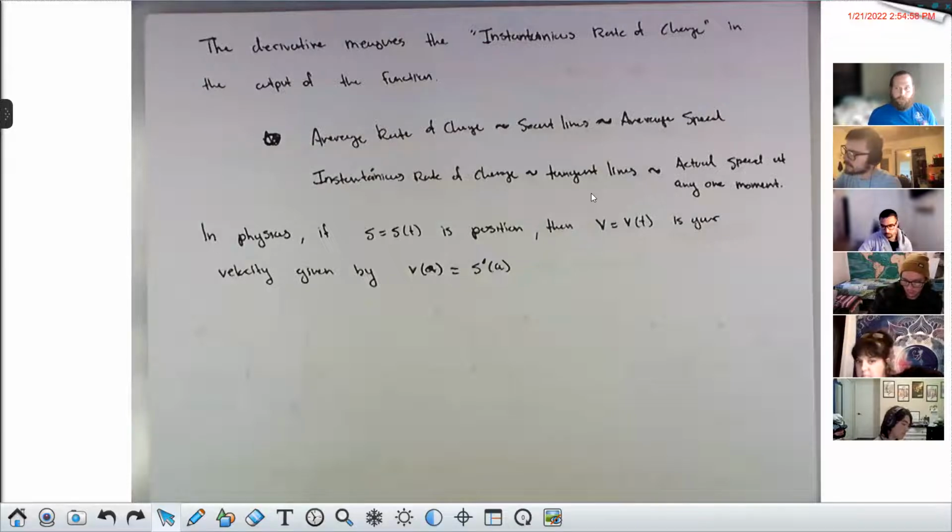How fast is your position changing with respect to time? Well, that's how fast you're moving along the ground.